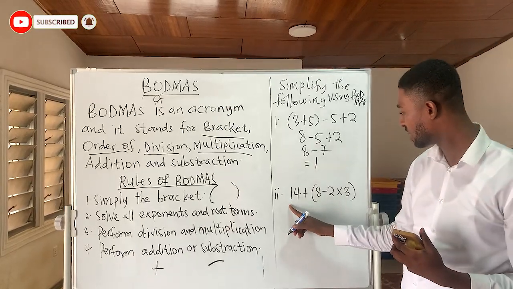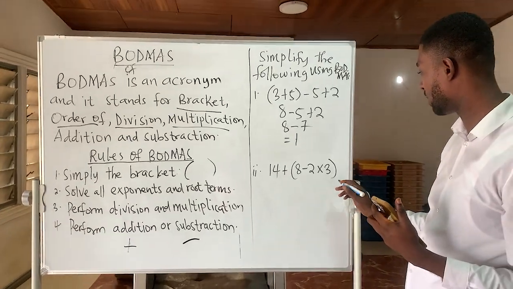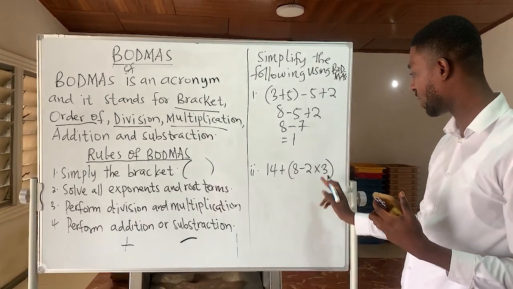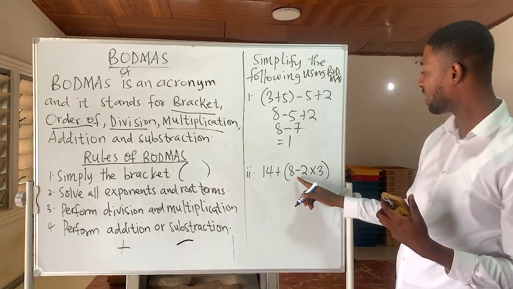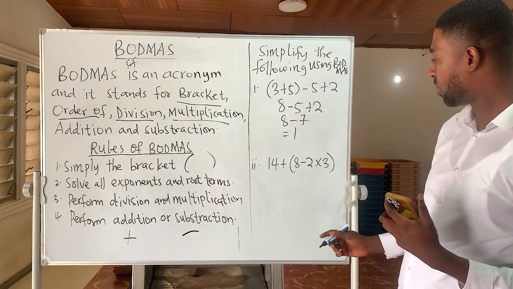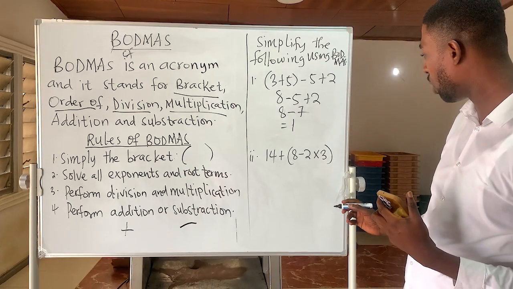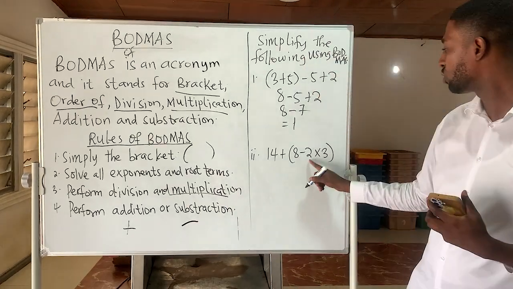Then for this question, 14 plus 8 minus, in brackets, 2 times 3. So we solve whatever is in the bracket. And whatever is in the bracket is 8 minus 2 times 3. And per BODMAS, we are supposed to solve multiplication before subtraction. So I need to multiply this.